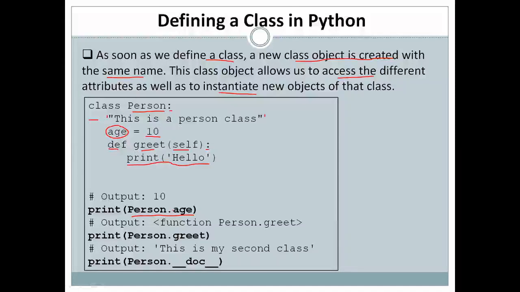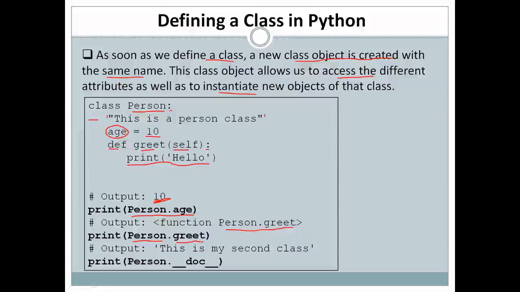So when I say person.age, it will print the value 10, because age has the value 10. In the same way, if I say print person.greet, I am simply referring to greet without calling it, and this will output the function person.greet.